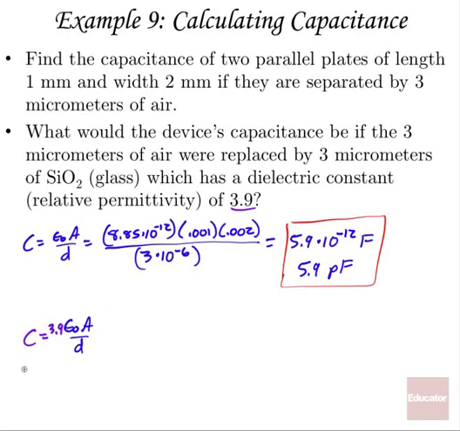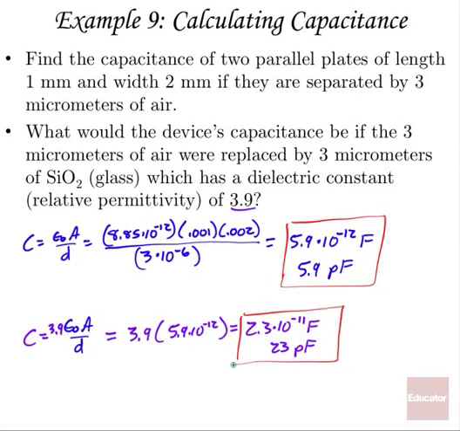So now all I have to do, all of this is the same as multiply my answer by 3.9. So that's going to be 3.9 times 5.9 times 10 to the minus 12 farads, or 2.3 times 10 to the minus 11 farads, which is 23 picofarads.